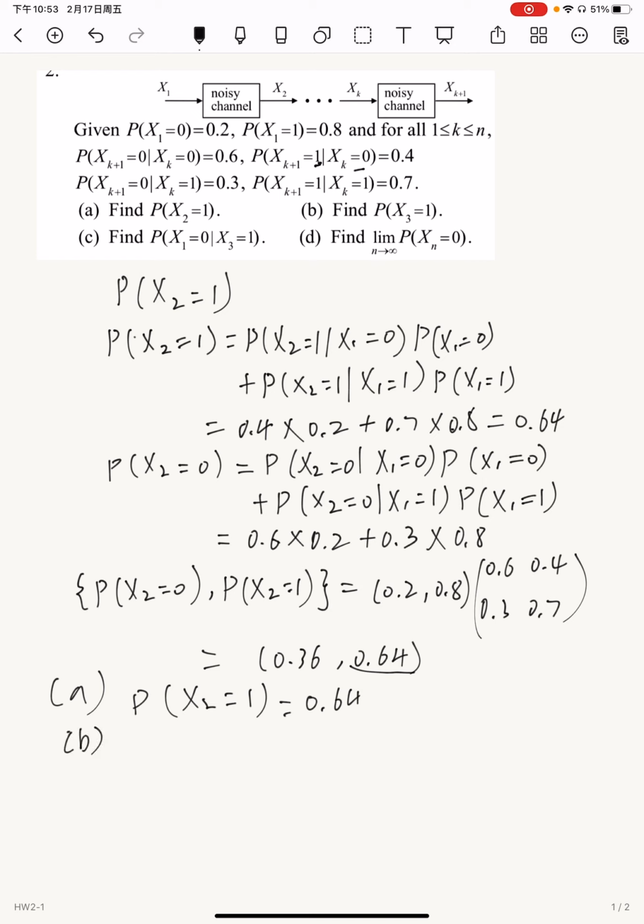And problem B is to find the probability of x3 equals to 1.